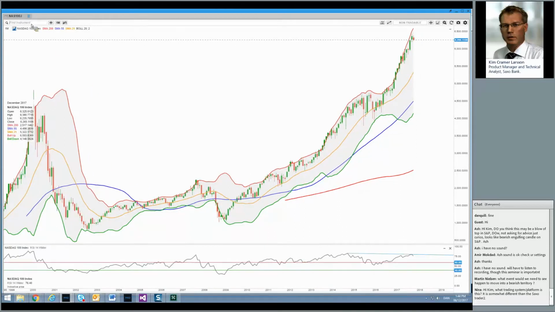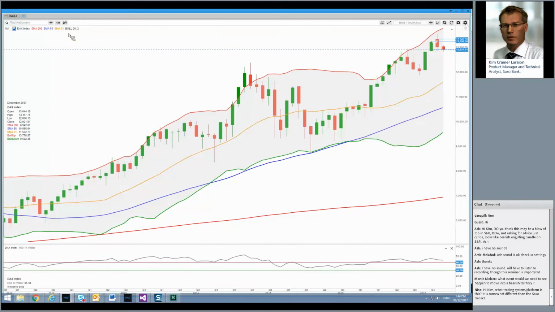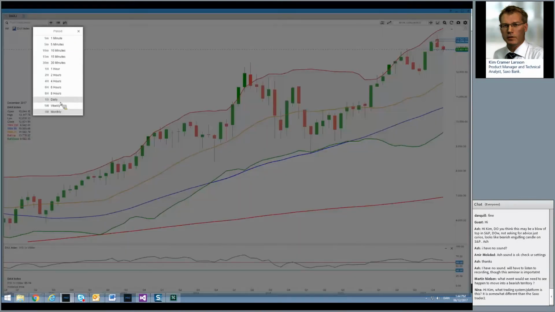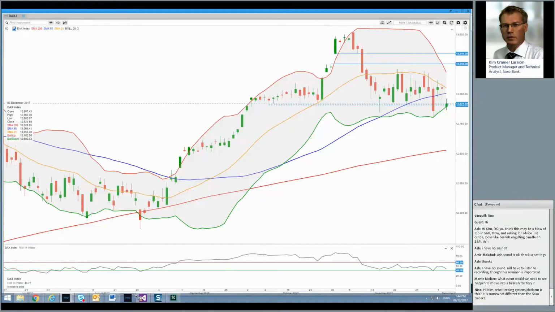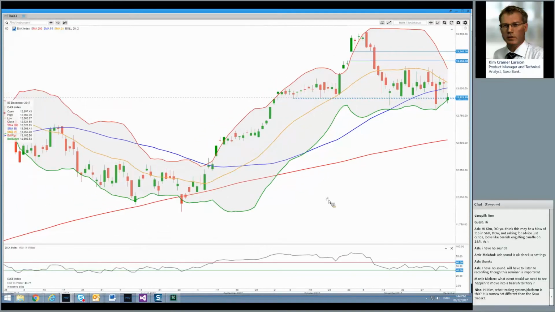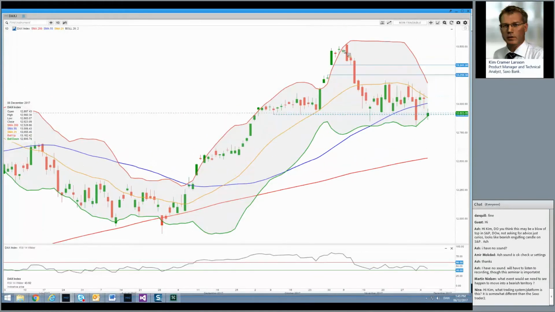Let's move to DAX, which is a bit different from the American indices. Here we are on a daily chart, and that has actually been very interesting. Back here in late November, early December, we saw a couple of dojis in an indecisive market, and then you got this massive bearish candle here.